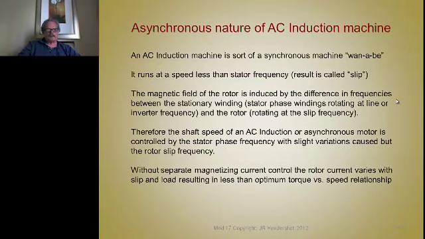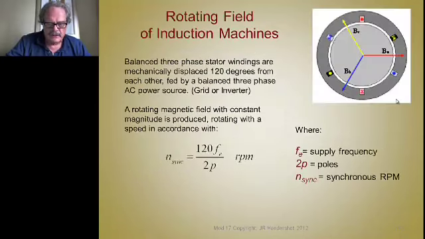The magnetic field of the rotor is induced by the difference in frequencies between the stationary winding and the rotor slip frequency. Therefore, the shaft speed of the induction motor, or asynchronous motor, is controlled by the stator phase frequency, with slight variations or reductions caused by the rotor slip. Without separate magnetizing current control, the rotor current varies with slip and load, resulting in less than optimal torque versus speed relationships, as we've seen and studied.